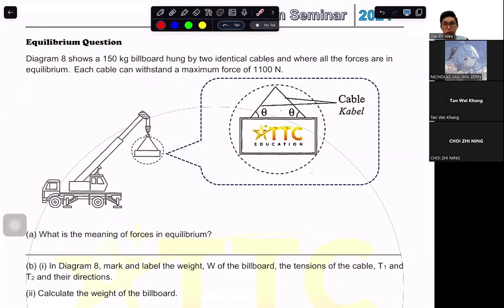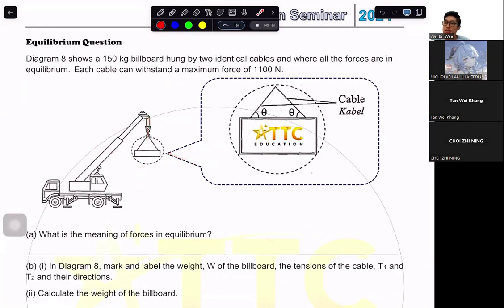But we don't say it like that now. We don't say everything is balanced. Everything balanced means up equals down, left equals right. So how do we say everything is balanced in proper physics words? We say the resultant force. Resultant force means all the forces add up together: up minus down, left minus right.